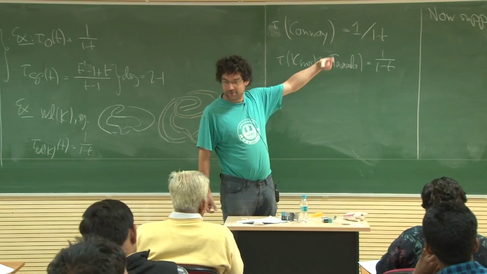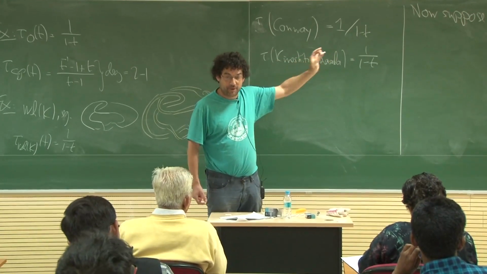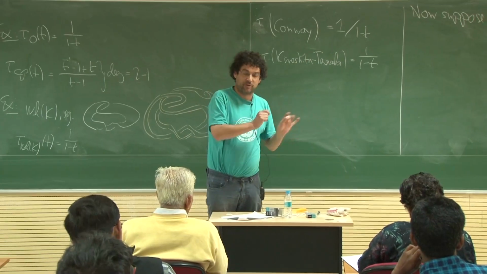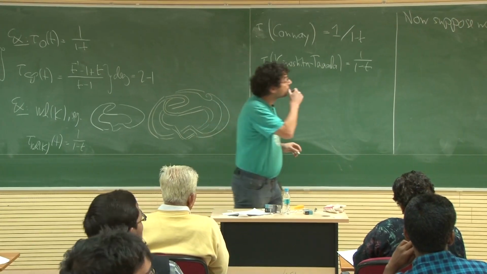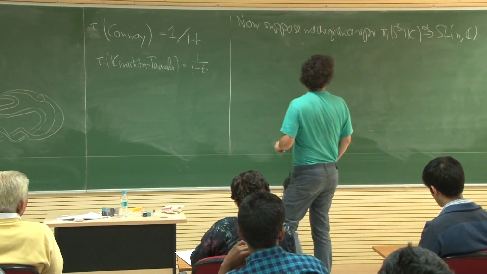And afterwards, we'll discuss some examples where such representations arise naturally. But right now, just assume we have such a representation. Okay, so what can we do with it?